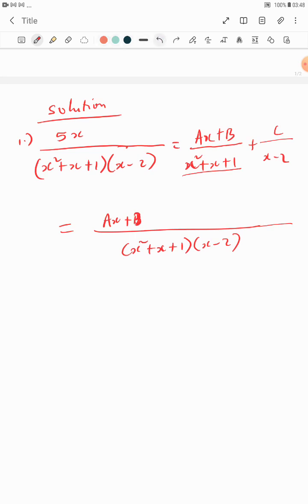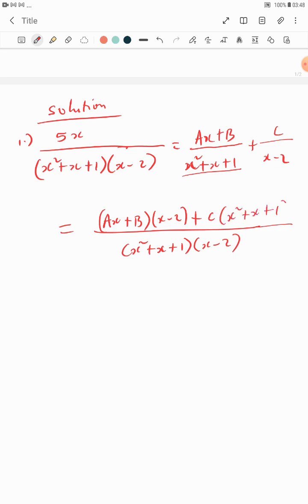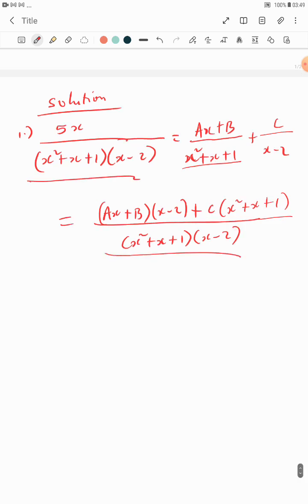Pardon me, that's b. I have to write that in a better way. So that's b into bracket x minus 2, and then we have plus c into bracket x squared plus x plus 1. So we have the same denominator now, left and right hand side.